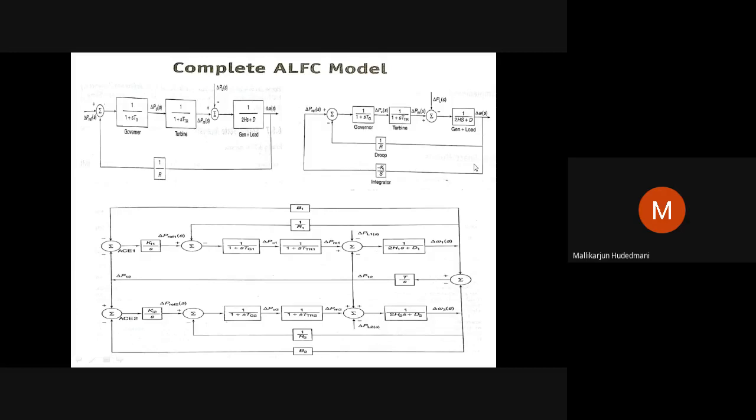When you have the secondary loop concept in a complete model, this error is now taken forward like a delta P12, along with the particular composite frequency response of area, beta 1, beta 2. Then here there is a summing. This becomes the area control error.